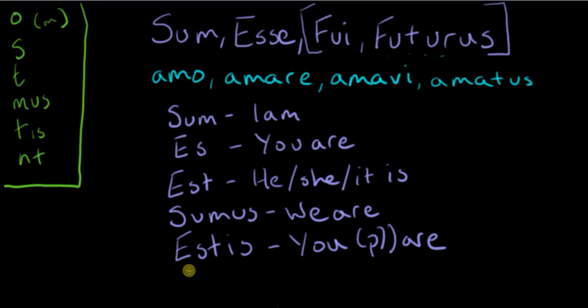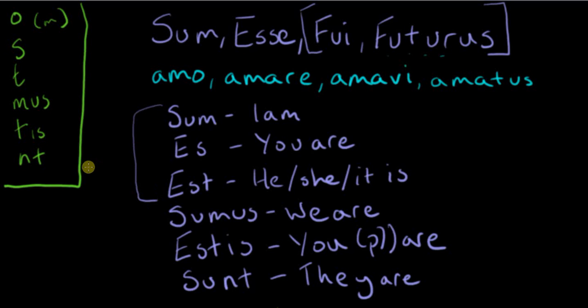So what I'm doing here is I'm following the same pattern that we did before, of these three being singular, these three being plural, and them all going first person, second person, third person. So I, you, he, she, or it, we, you, they.